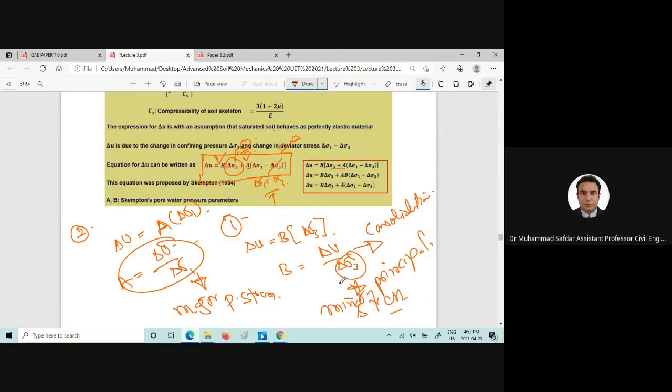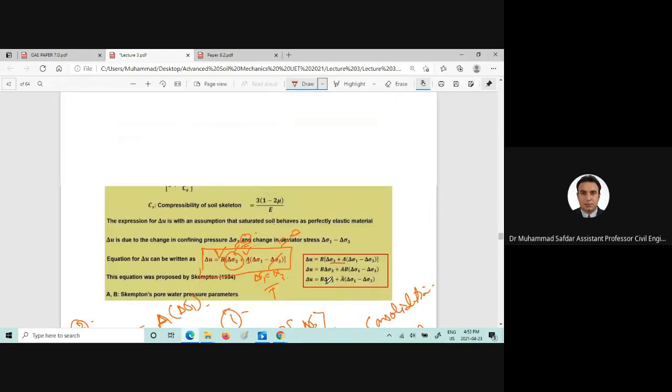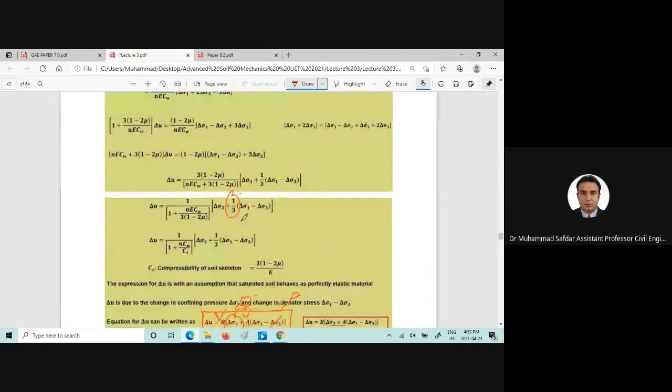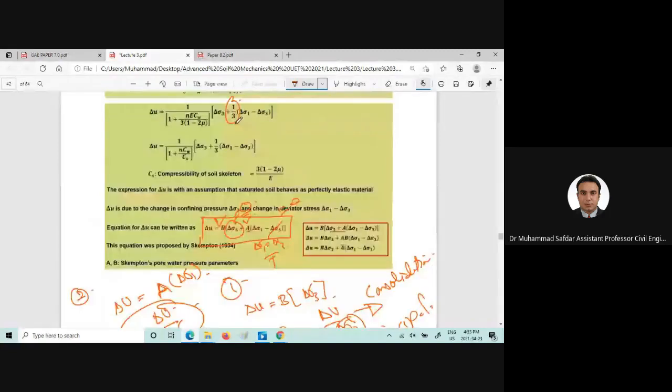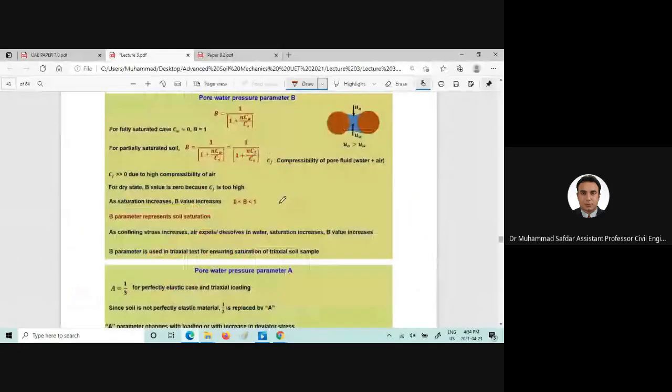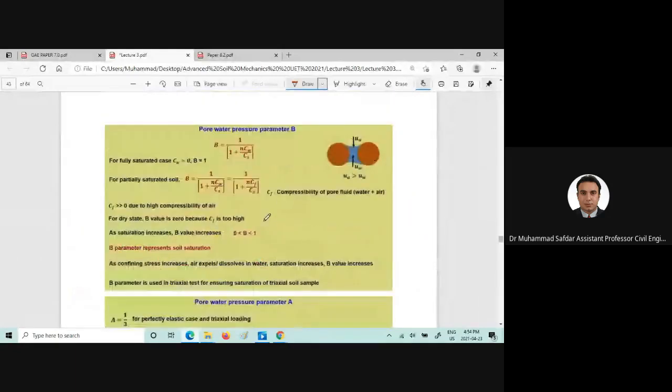Now, he also assumed for the elastic condition that A is equal to 1/3. He mentioned that B is equal to 1 for the fully saturated condition, and for the partially saturated condition he introduced a parameter related to the compressibility of the pore fluid.